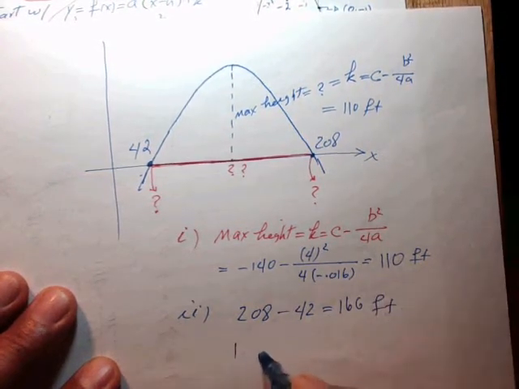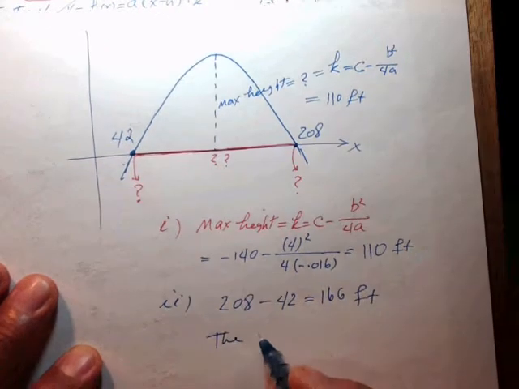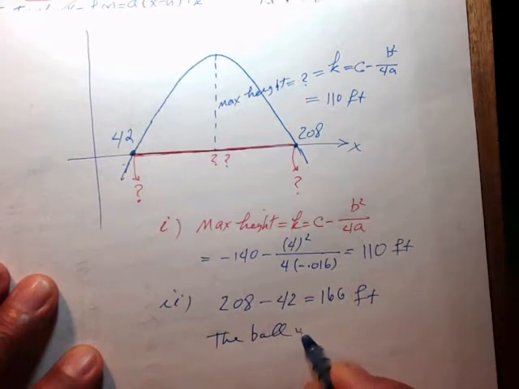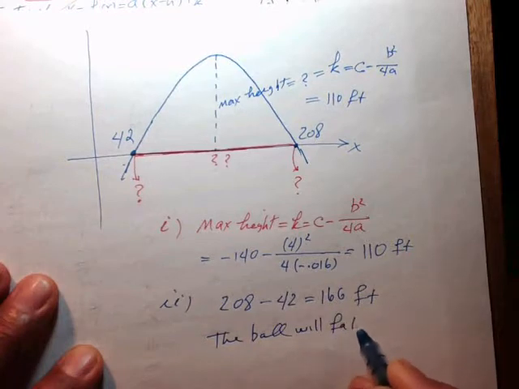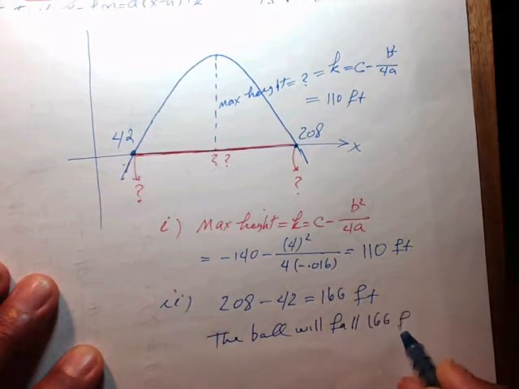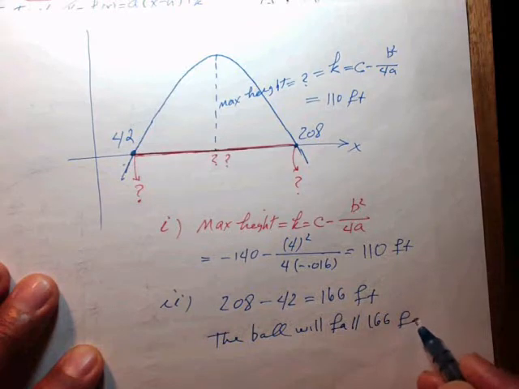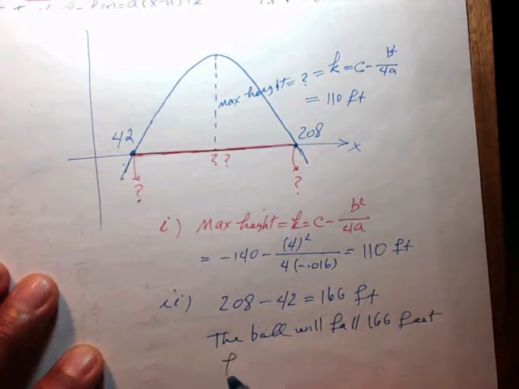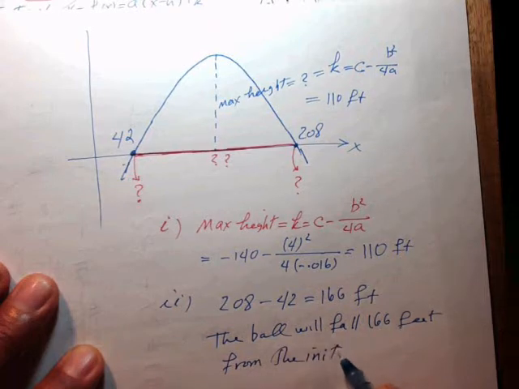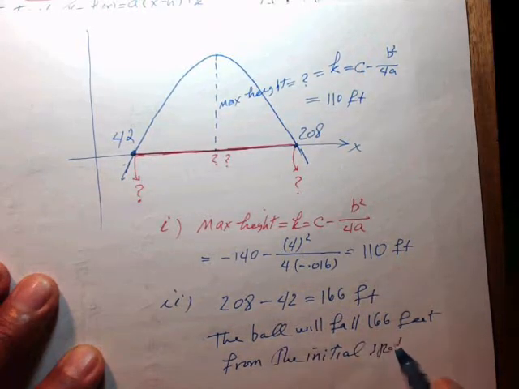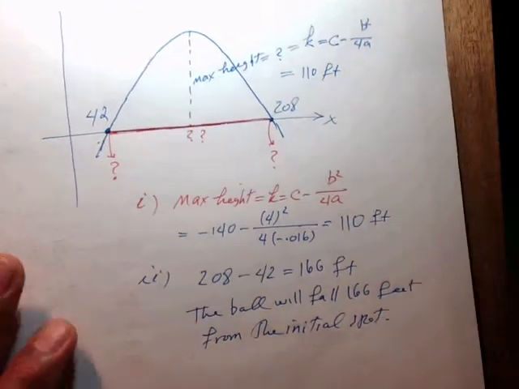So the ball will fall 166 feet from the initial spot. Okay, that's the solution.